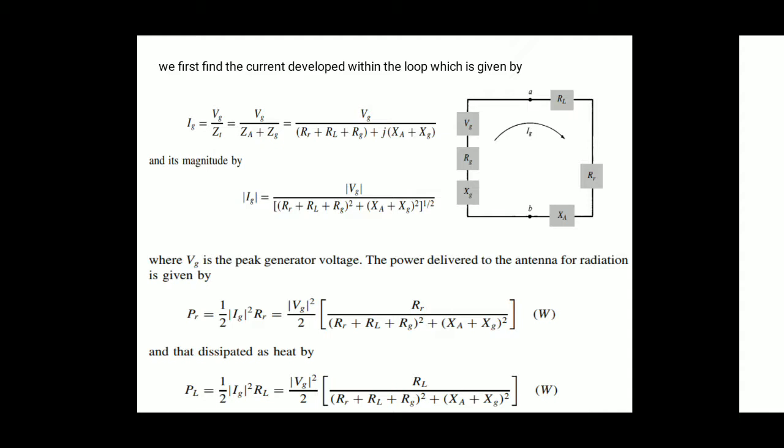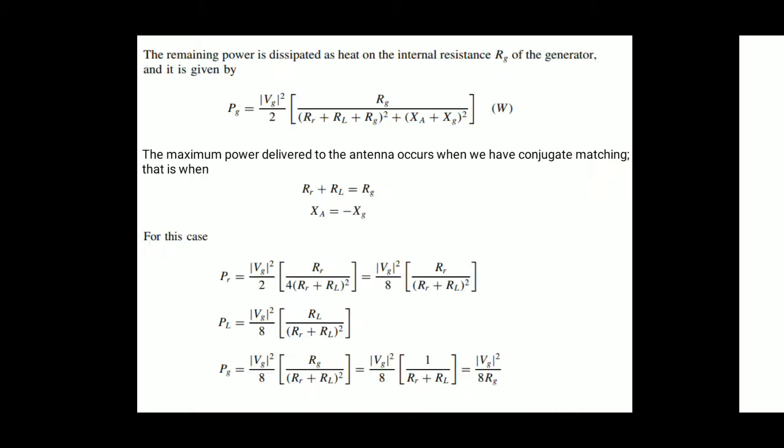So basically this is the antenna power for the radiation resistance, and this is the power for the loss resistance. The remaining power is dissipated as heat on the internal resistance Rg of the generator, given by this expression. That is the power consumed by the internal generator resistance Rg.